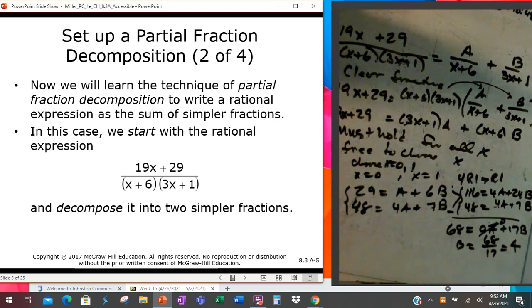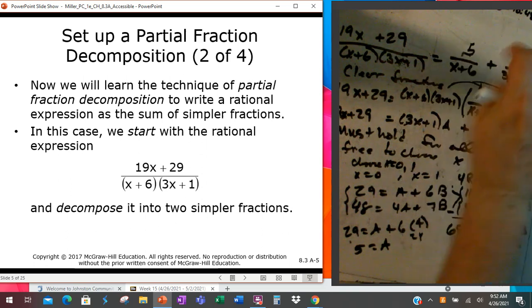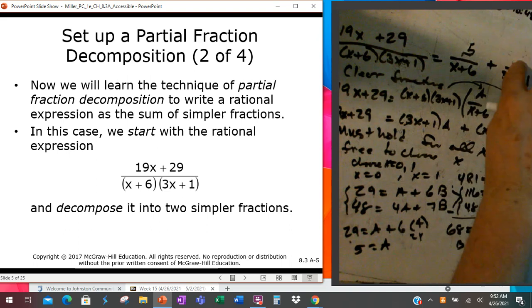So now we know what our b is. What's our a? We just pick one. Let's go back to the easiest one to do. So let's go back here. 29 is equal to a plus 6 times 4. And that's 24. So 29 minus 24, subtract 24 from both sides. My 5 is equal to my a. Okay, so when we go back up here, this is 5, and our b is 4.